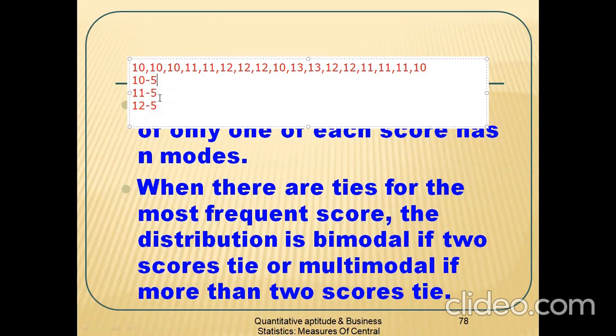Therefore, the given frequency distribution can be called a multimodal distribution. So you should know how to categorize the frequency distribution in case of one mode, 2 modes, or more than 2 modes. Is it clear? Have you understood this point?